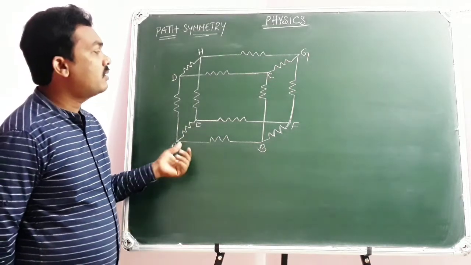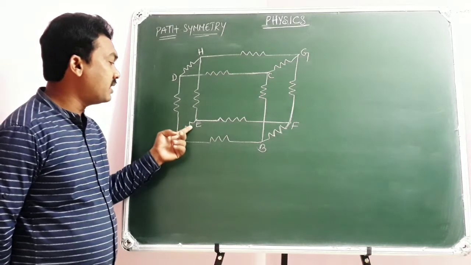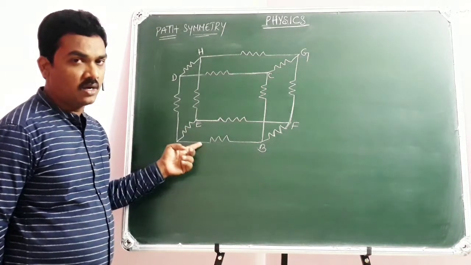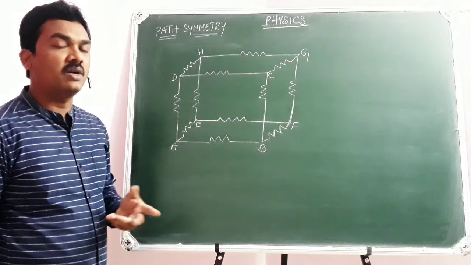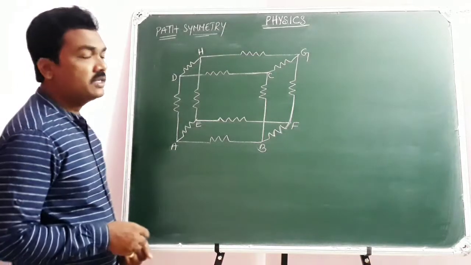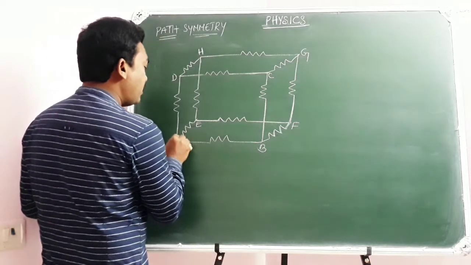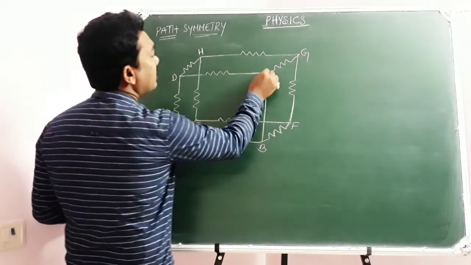So in that manner, the division of current at the starting of those paths will be the same, according to path symmetry. Now our point is calculating the equivalent resistance across the face diagonal.